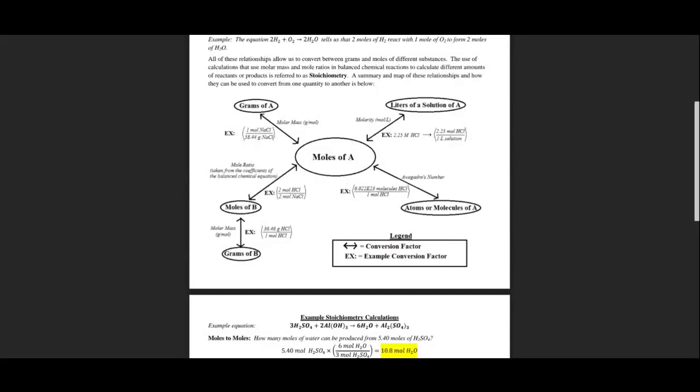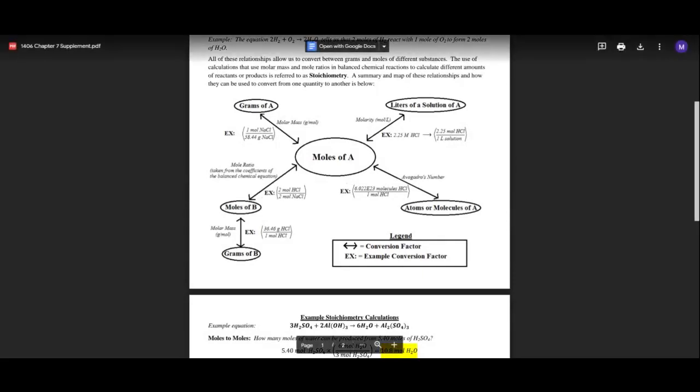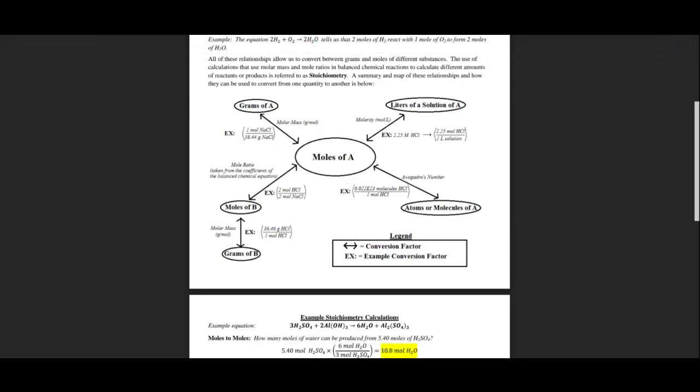I can convert grams to moles. If I convert grams to moles, I need to use the molar mass. If I convert moles of something to atoms or molecules, and that depends on whether or not it's an element or compound, I have to use Avogadro's number. I can also convert moles to liters using molarity, as we've already shown.